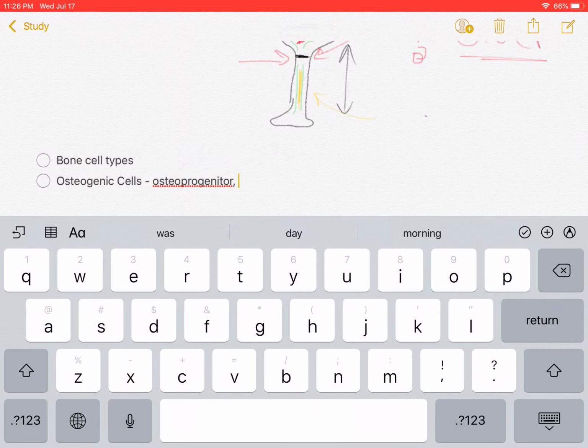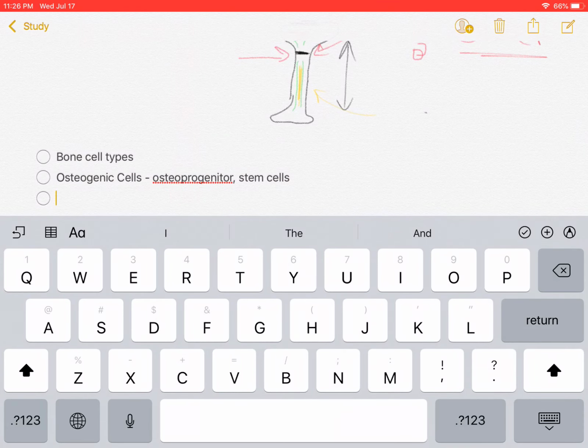These are stem cells that are found in the endosteum or the periosteum and in central canals. So to jog your memory, you're going to write stem cells. They're also called osteoprogenitor cells. These stem cells create other cells related to bone tissue.